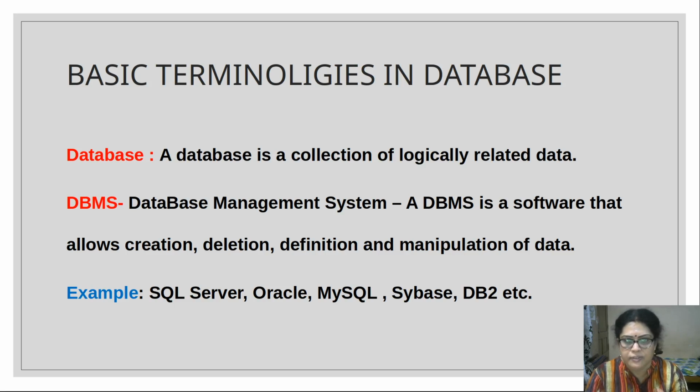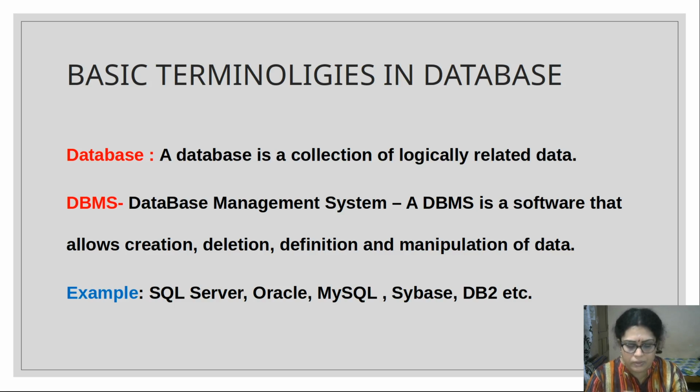The next important term that you should learn is what is a database. A database is a collection of logically related data. What do I mean by logically related data? For example, if I have a student database, what are the properties of a student when we talk about a student's marks card? We need the student register number, his name, the subjects that he has taken the exam in, his total, and his percentage.